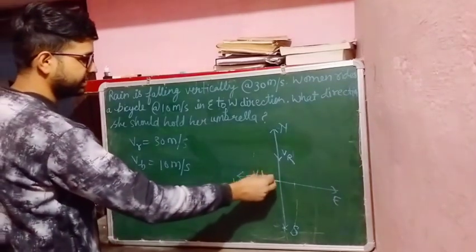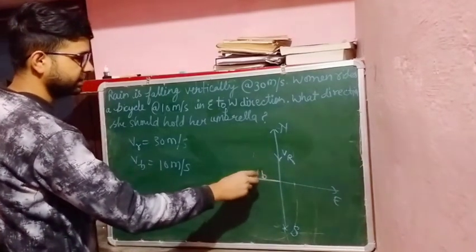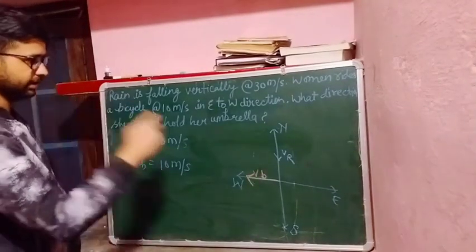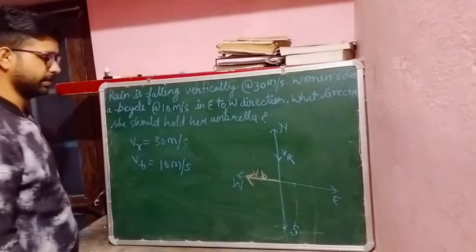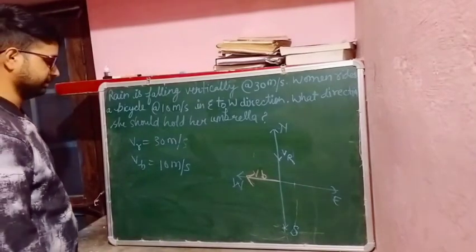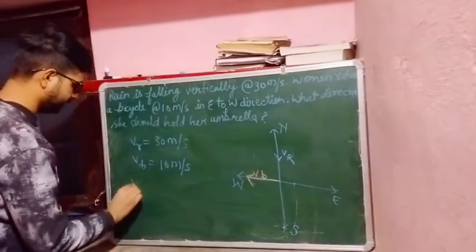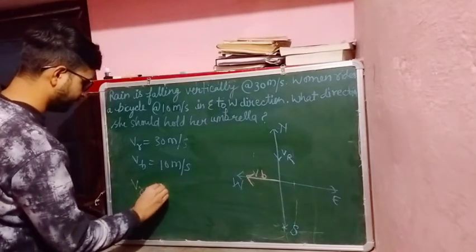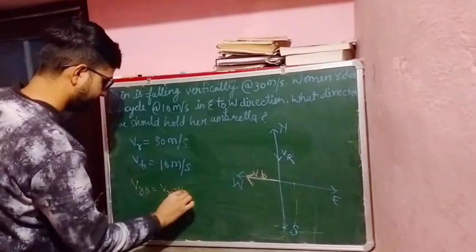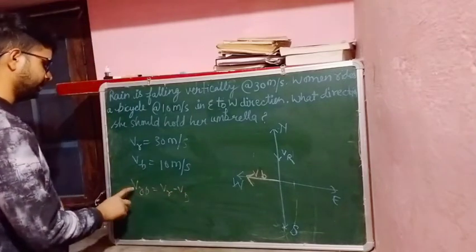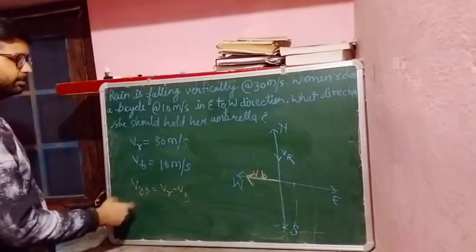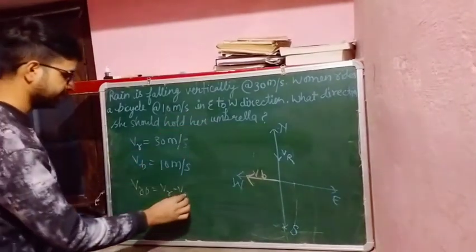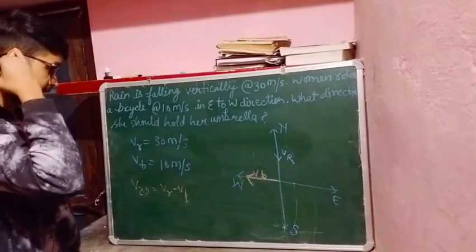So we have to find the resultant velocity of the rain with respect to this woman. This gives the relative velocity V, which is nothing but Vr minus Vb. So the relative velocity of rain with respect to the bicycle, we will find this relative velocity. What will we get?